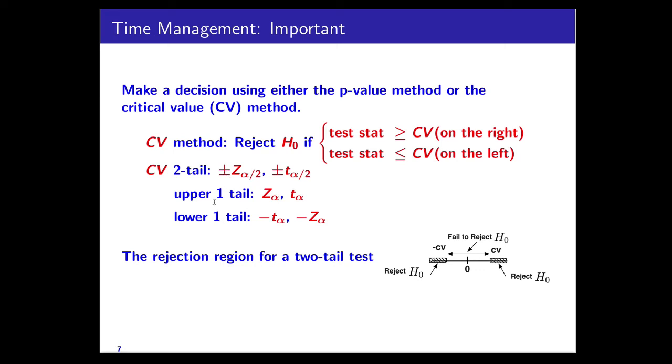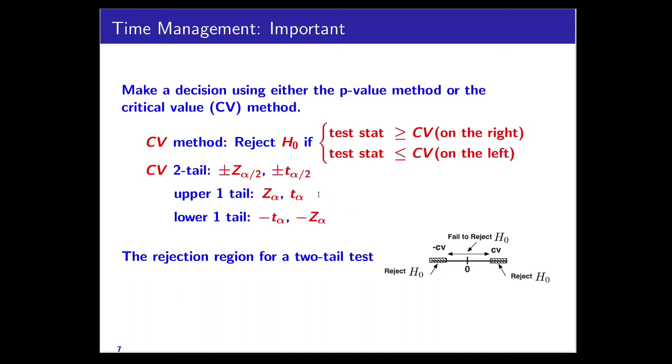And for the upper one-tailed test, the critical value will be z of alpha or t of alpha. For the lower one-tailed test, the critical value will be negative t sub alpha or negative z sub alpha. Keep in mind, the critical value for the z-test will come from one of the 3 values.